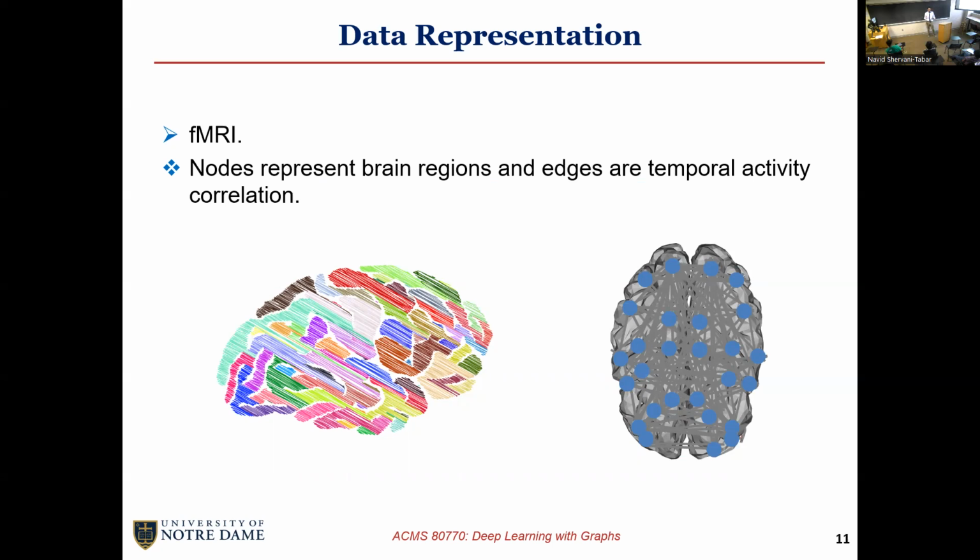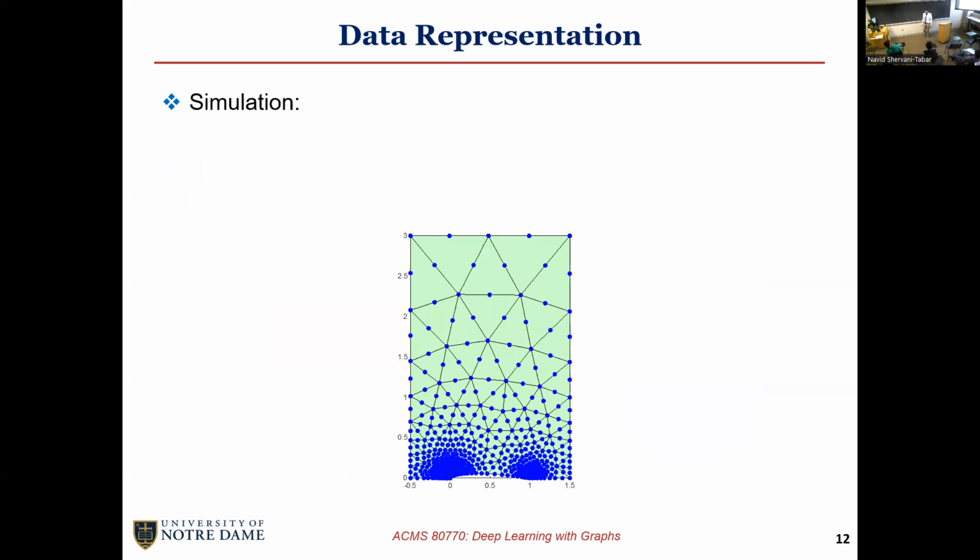So if the guy is writing and two different regions of the brain are working, it means that they are correlated. The temporal activity correlations are represented by edges in this graph, and it is used to analyze these data. Or simulations: we can represent, for example, our CFD simulations using nodes and edges.